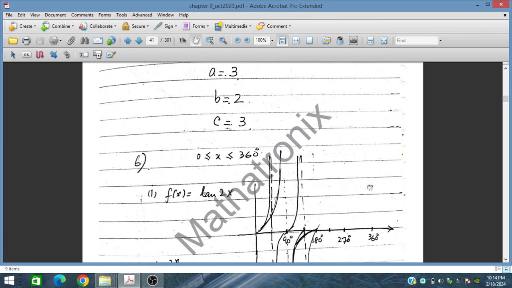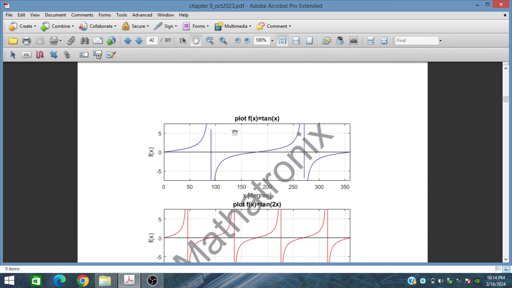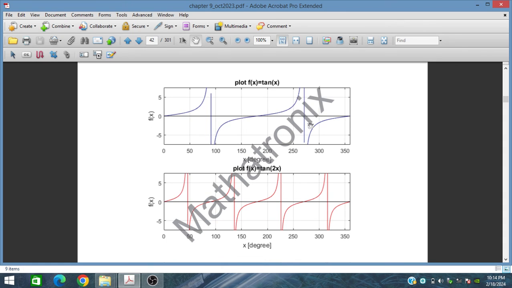Similarly for the 5th part and 6th part, and for tangent x, it can be plotted like this. For tangent 2x, this becomes simple tangent 2x. Here we have 2 periods, here we have 4.